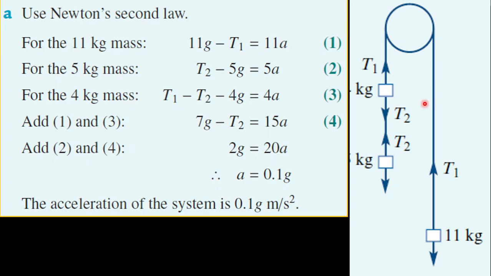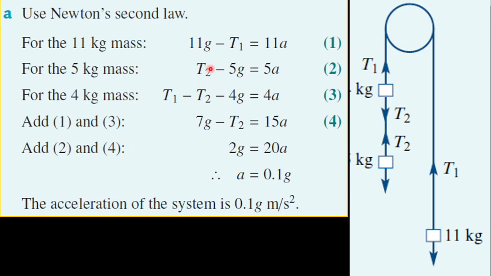With the 5 kilo, it has only T2. The acceleration is going upwards. The weight force is downwards, so it's going to be negative 5g, and T2 on the 5 kilogram mass is in the same direction as the acceleration, so it's positive.